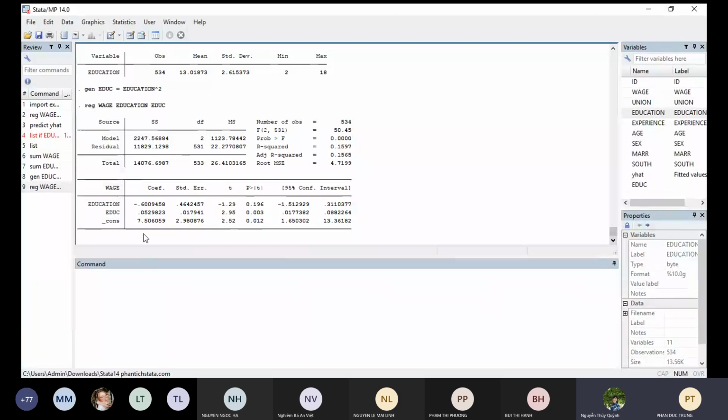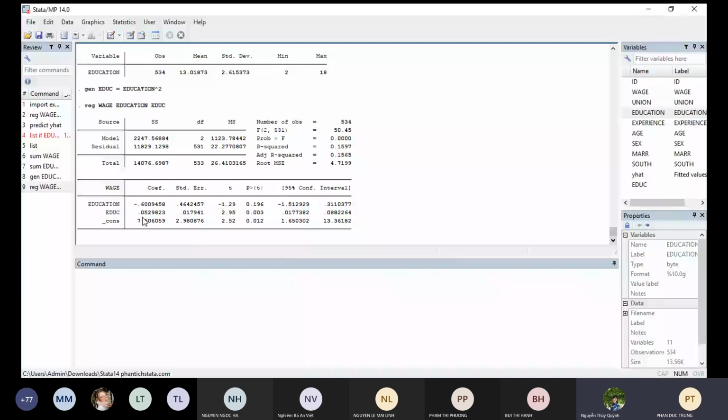So the beta 1 hat is minus 0.6. And the beta 2 hat is 0.05. So our estimated model will be that wage is equal to what is it? 7.606, is it? The beta 0 hat?